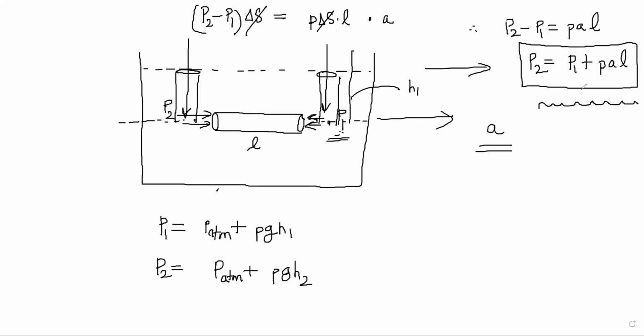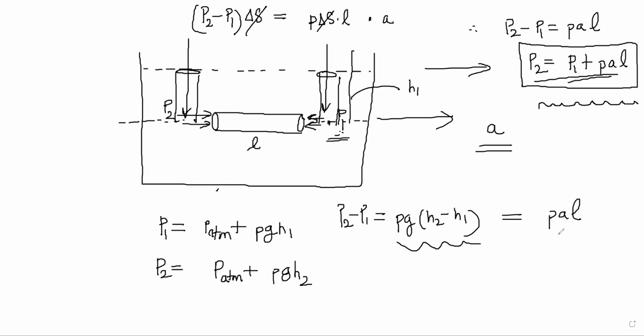So now because we have one relation connecting P2 and P1 here, we can do another difference here. So we can say P2 minus P1. P2 minus P1 here will be rho G (H2 minus H1), right? That must be equal to rho A L, right? Correct.